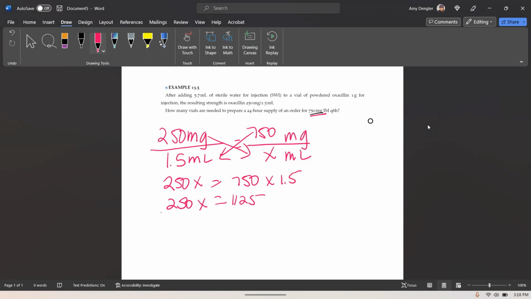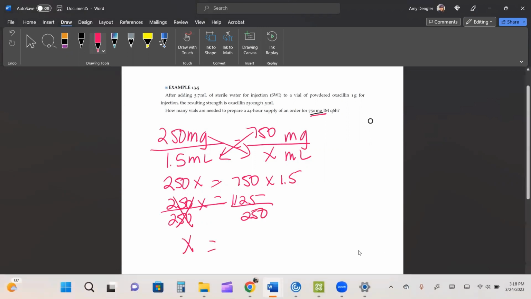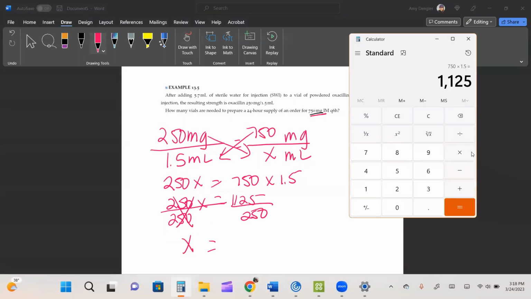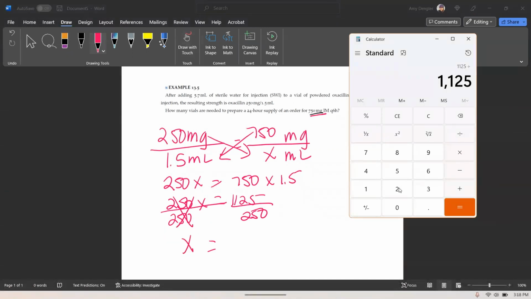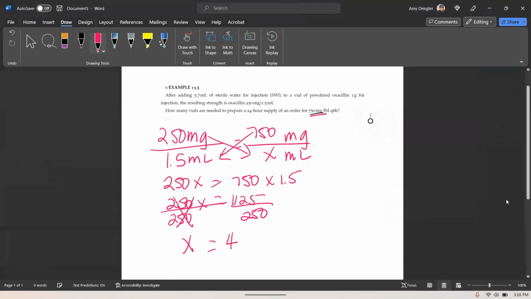All right, so now we want to get x alone. So we need to divide both sides by 250. That crosses out. We have just x here. And then on the other side, we're going to divide 1125 by 250, and we get 4.5 ml.